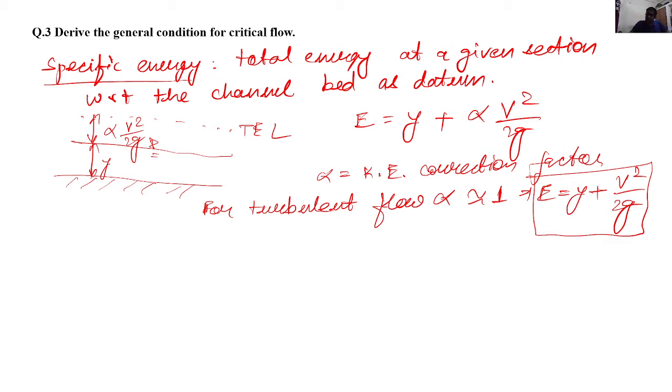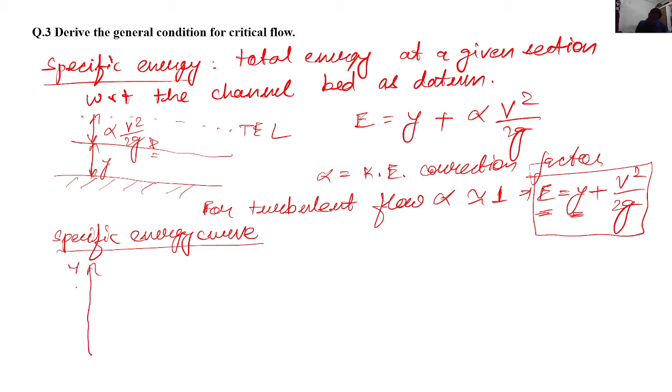So with respect to E and y, there is a very famously known curve known as the specific energy curve. When we try to plot E versus y, with the flow depth on the Y axis and the specific energy on the X axis, it looks somewhat like this.